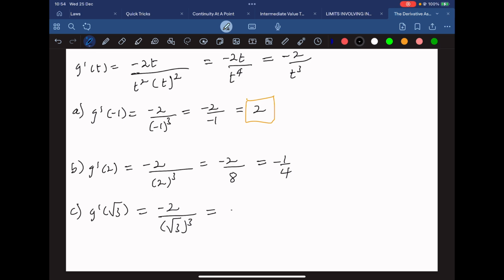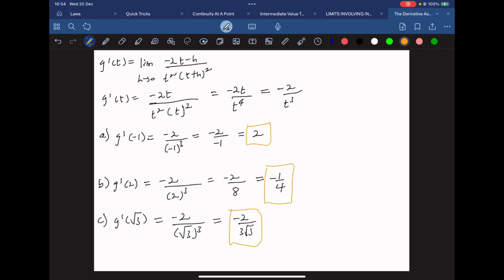So we have negative 2 over 3 root 3, and this is our answer as well. So you can leave your answer like this, or you can rationalize it anyway, it's fine. I hope this also better explains the concept.